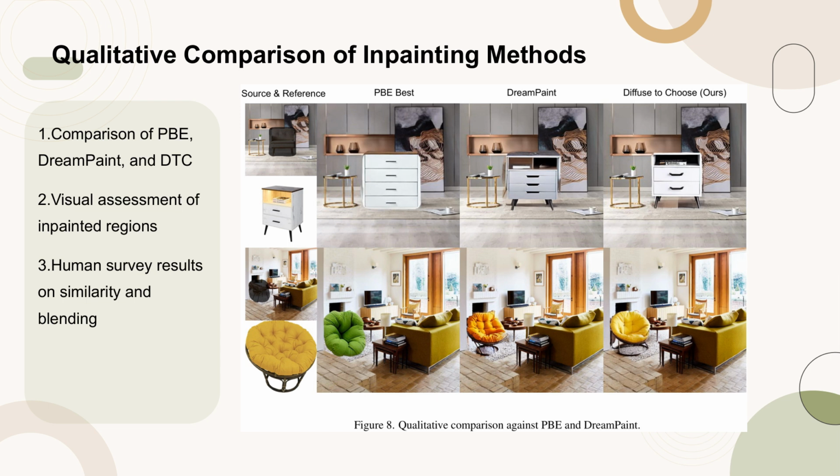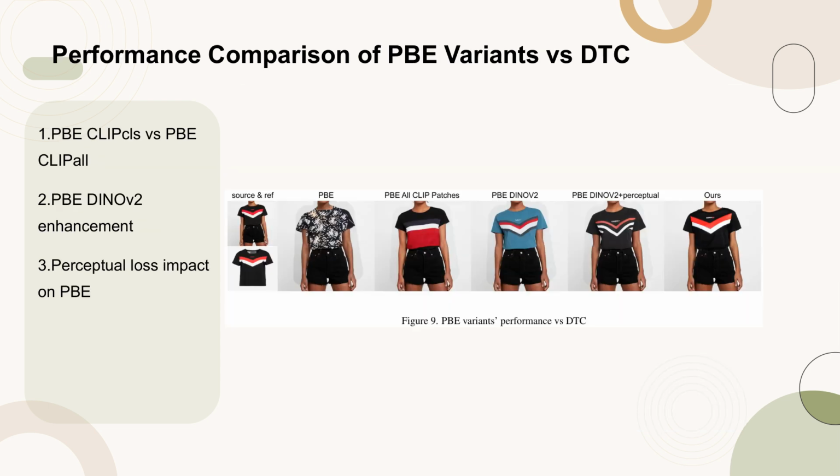multiple product images. Figure 9 compares the performance of various PBE, patch-based encoding, variants against the Diffuse to Choose DTC model. The PBE variants include PBE CLIP-CLS, PBE CLIP-ALL, PBE DINOv2, and PBE DINOv2 with perceptual loss. The figure highlights that using all CLIP patches, PBE CLIP-ALL, outperforms using only the CLS token, PBE CLIP-CLS.